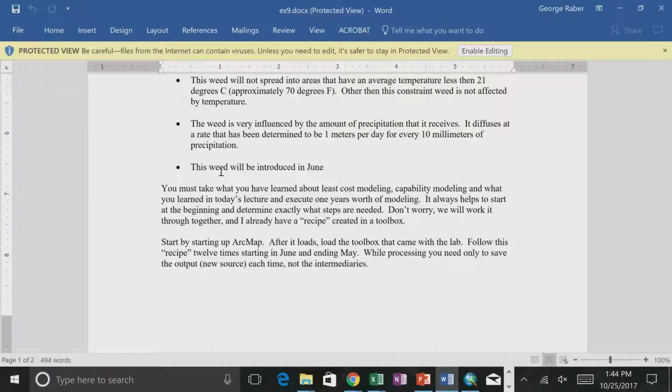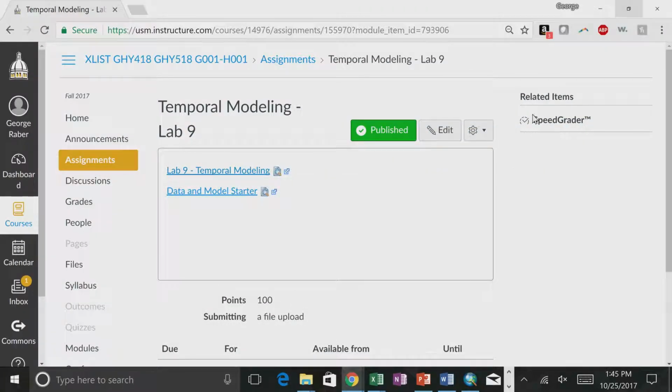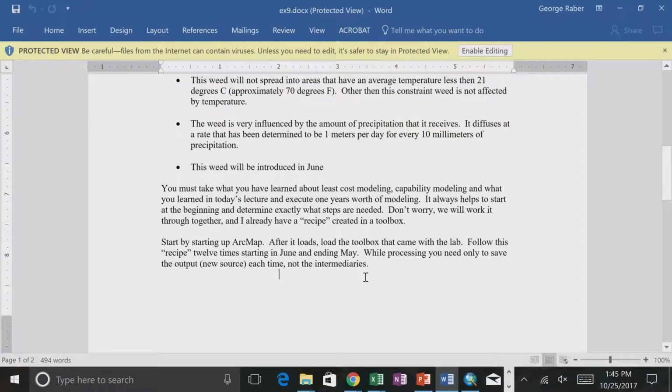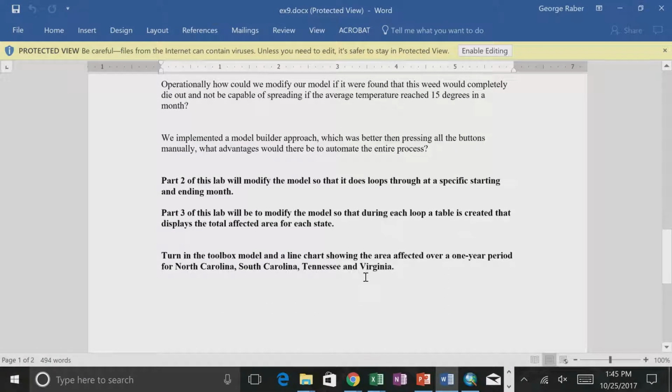That's what we're going to go through together. And then we're going to do the second part, the time step part of it. All right. And at the end, just for fun, these are the questions we're going to ask. So this is what we're going to do together.